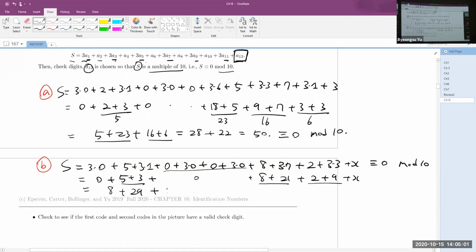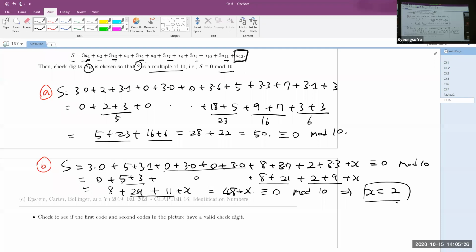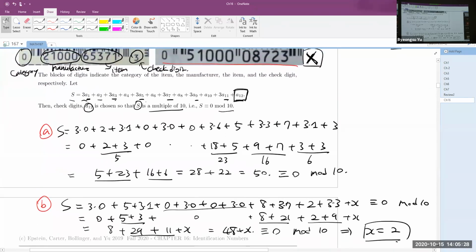And this number gives you 11 plus X. So it is 48 plus X, and it should be 0 mod 10. That means your check digit should be 2, right? By taking X as 2, it gives you 50. So 50 mod 10 is just 0. So it makes it valid, right? So that's how you can find the check digit when you have some original numbers.